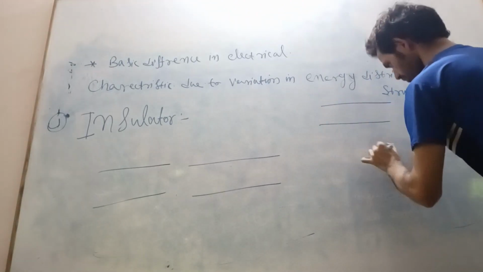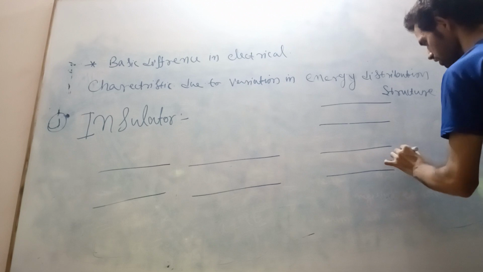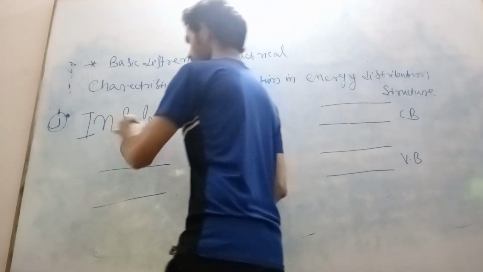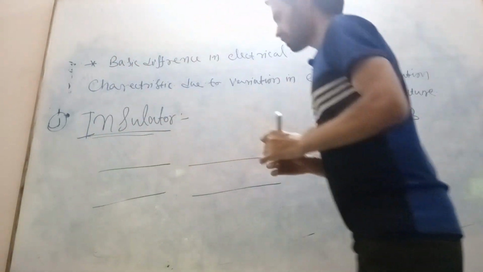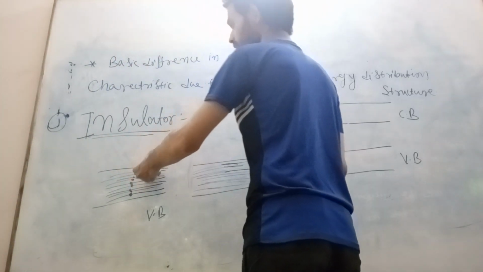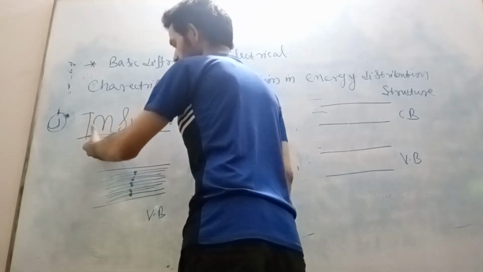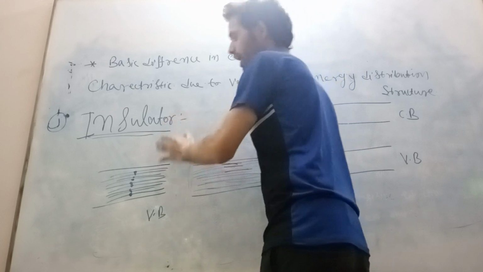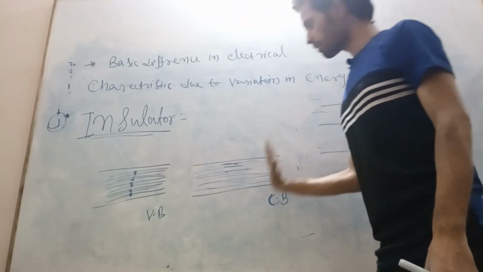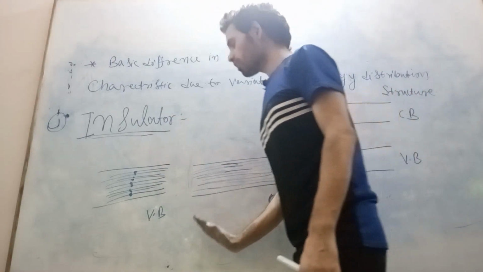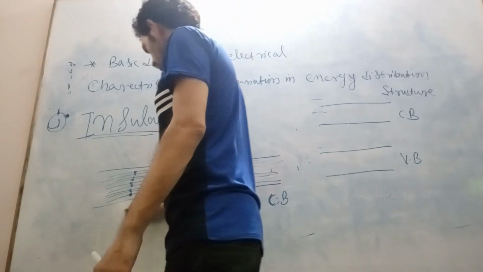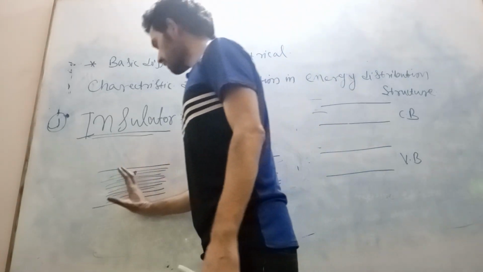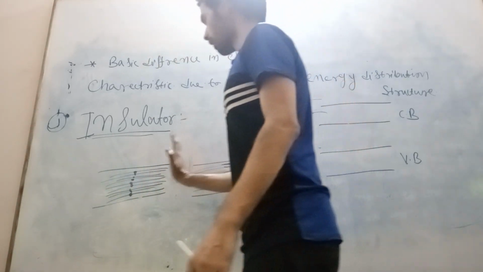Now we are seeing the insulator: the material which has an allowed energy band that is either completely empty or completely filled.